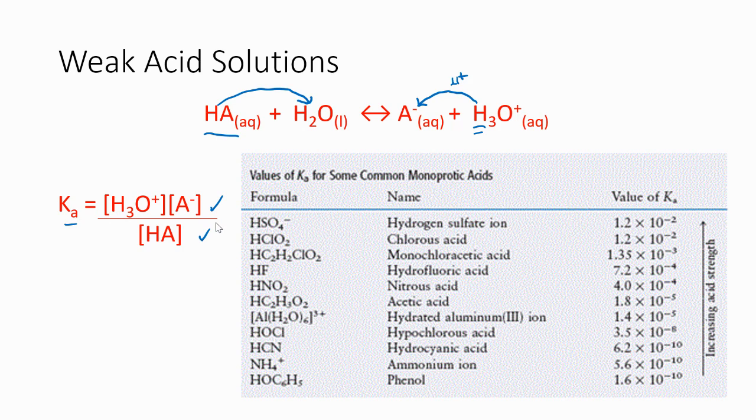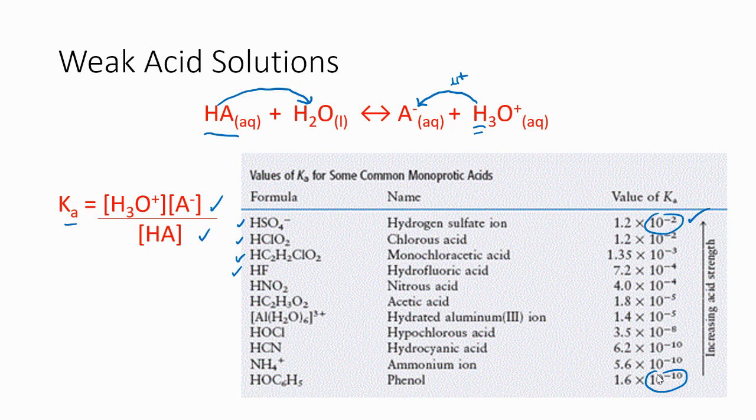Now, every weak acid has its own Ka value, and these are commonly tabulated, and you can look them up. So I have a bunch of different acids right here, all with different Ka values. You'll notice that the ones at the top with Ka values of 10 to the minus 2 are considered to be stronger acids than the ones at the bottom with Ka values of 10 to the minus 10.